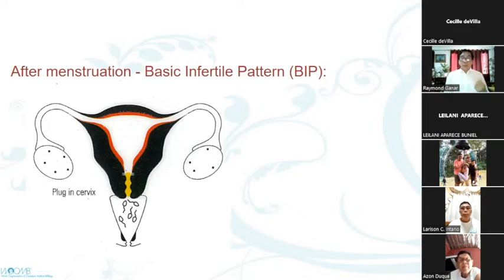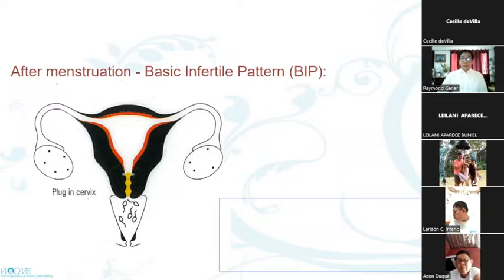During the days of BIP, look at the cervix. I want you to focus on the cervix. The cervix is completely closed by the mucus plug. Sperm cannot enter. Look at the sperm. They cannot enter because the mucus plug is impenetrable. So this is BIP, which comes after menstruation.